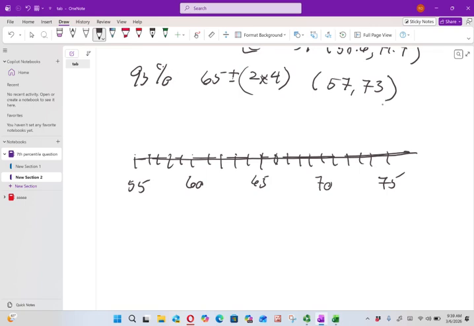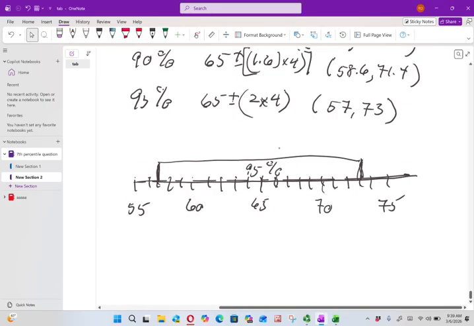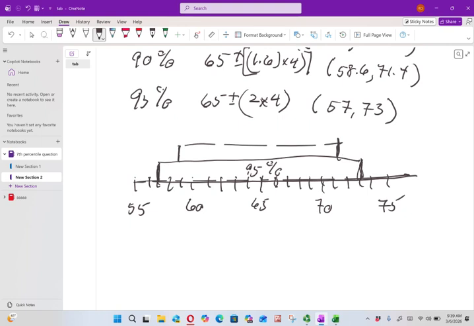So this one, 57 to 73. Find the 57 and the 73. And there's my 95% interval. Mark the next one. The 90% is 58.6, somewhere here, 71.4. That's the 90%.